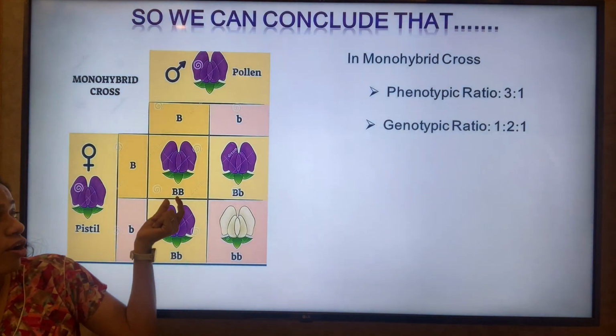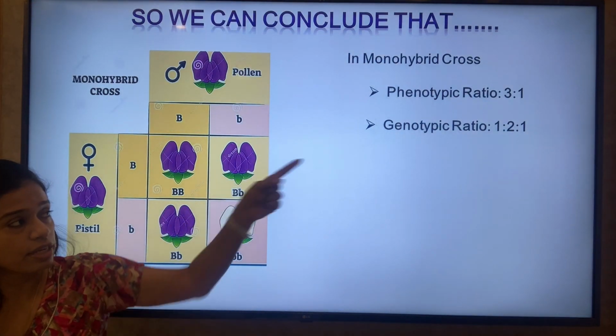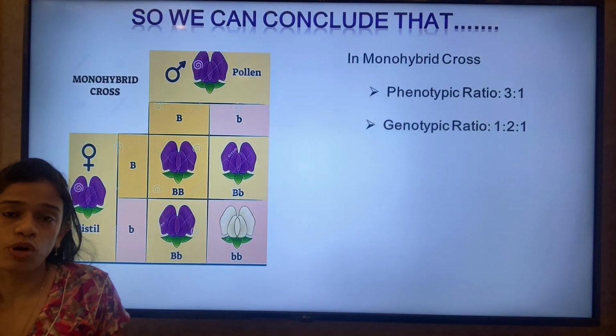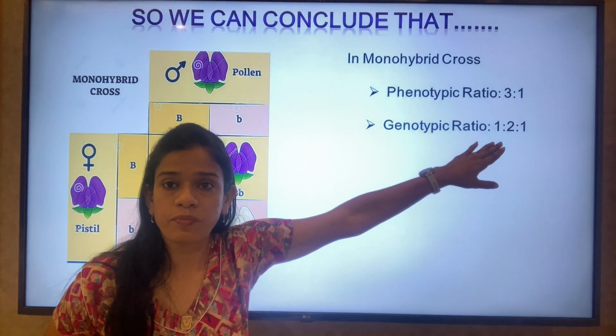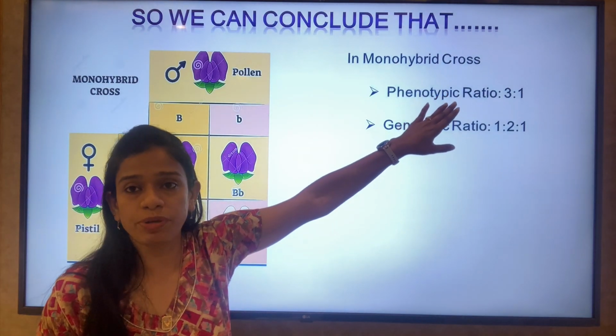So we have 1 of capital B capital B, 2 of capital B small b, and 1 of small b small b. So we get a genotypic ratio of 1:2:1. So this is the genotypic ratio and this is the phenotypic ratio.